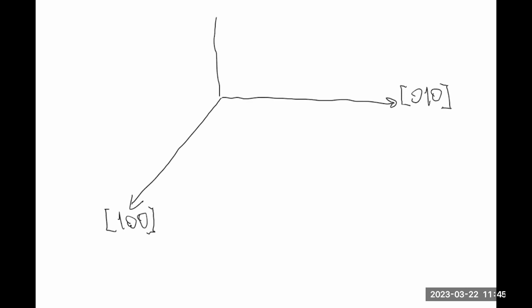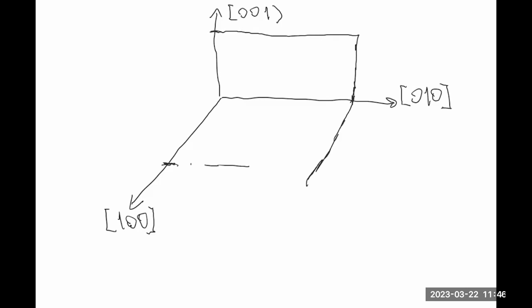Let's define this as 1, 0, 0 along the x-axis, 0, 1, 0, and 0, 0, 1 along Z. So let's get some points and create our cube.